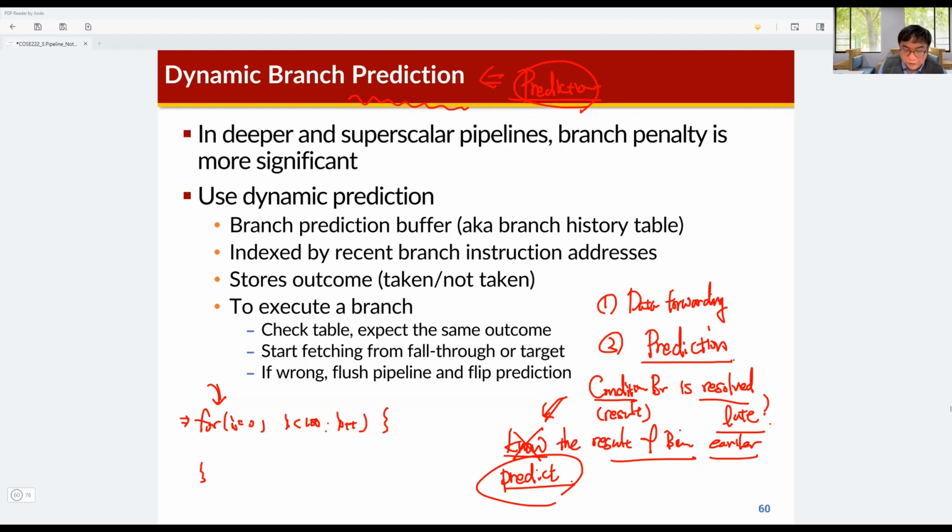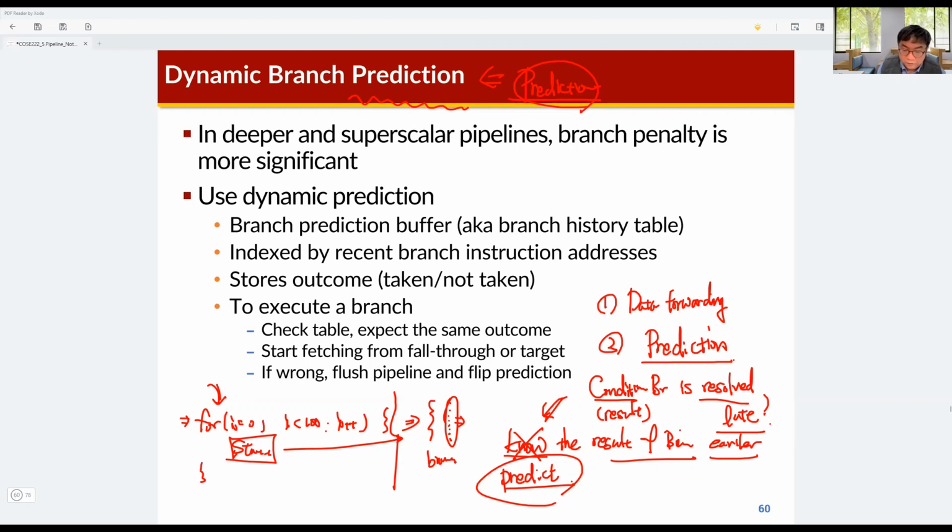If this loop is translated into assembly code, the statement inside of the iterative loop is translated into some assembly code from here, and then you can find the branch instruction at the end of this code.